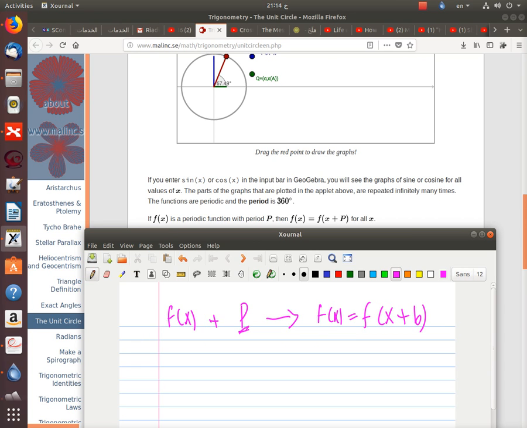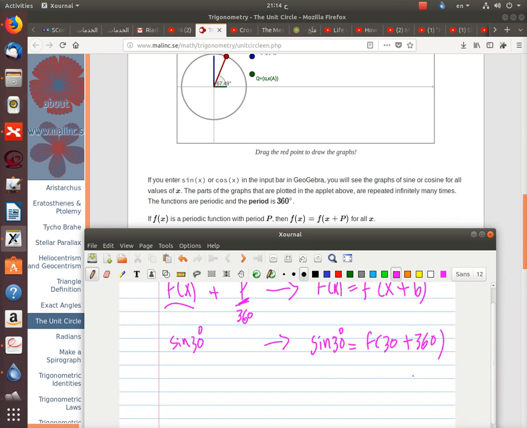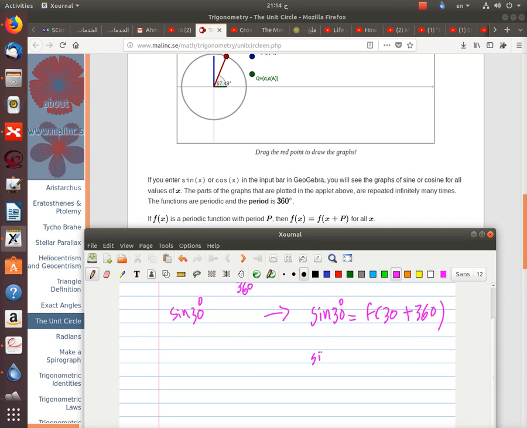If p is 360 and x is 30, for example, then f of x, which means sine of 30, equals f of 30 plus 360, which is 390.